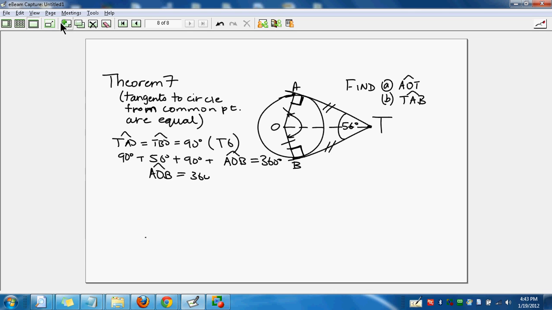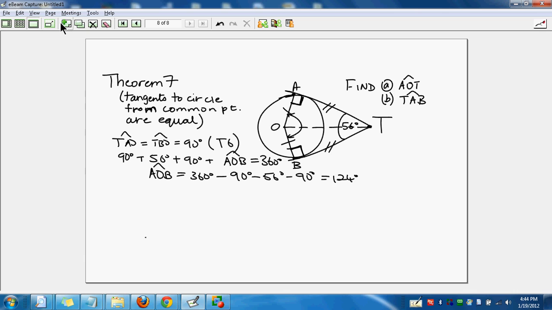You have to minus 90, minus 56, and minus 90 again. And you'll get what angle AOB is. And that worked out to be 124 degrees. Good? So you know that this whole angle here is 124.